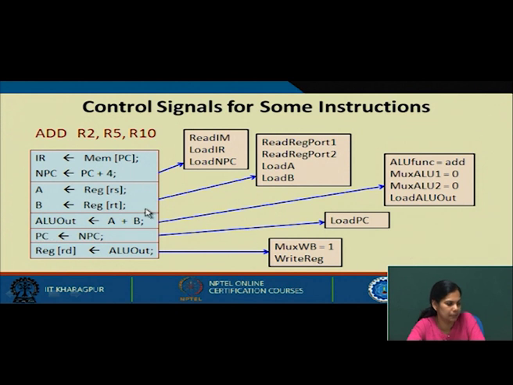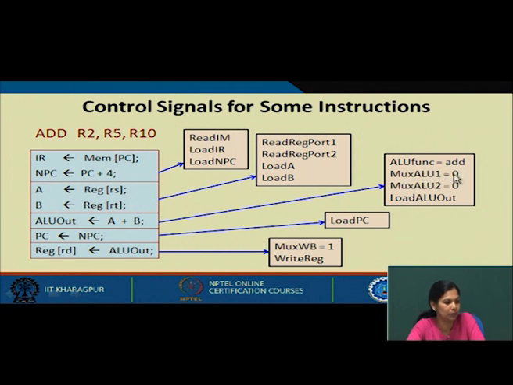In the next step, we do read reg port 1 and read reg port 2. After reading from here, we load to A and load to B. That is the decode phase. At this phase we are also decoding and fetching the values from the instruction and storing them in A and B. Now we do the actual ALU function. Here the ALU func will be add, this is the add operation.